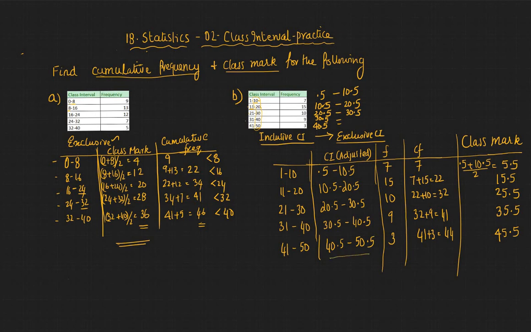Now the cumulative frequency implies there are 7 values less than 10.5, there are 22 less than 20.5, and so on, which is the upper limit. That's the meaning of cumulative frequency. So this many less than 30.5, 41 entities less than 40.5, and 44 values less than 50.5.